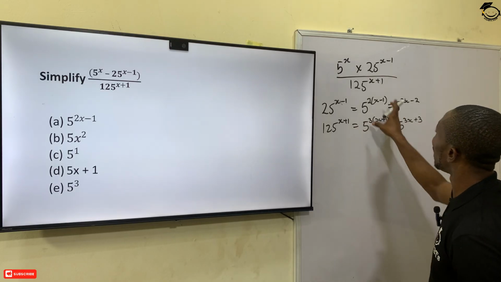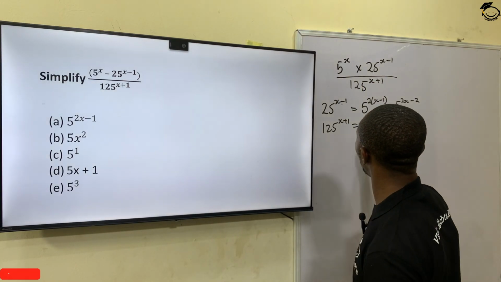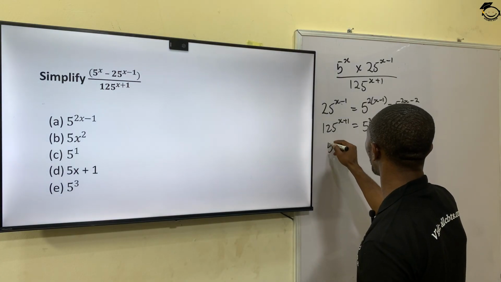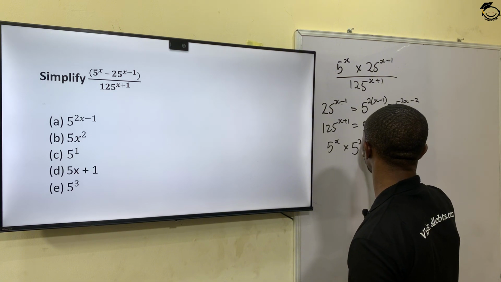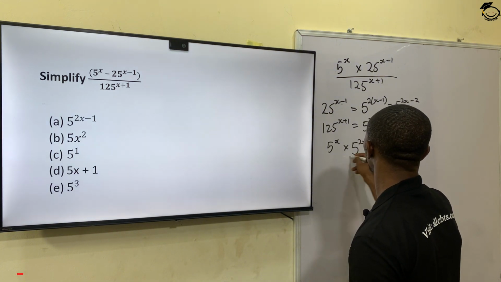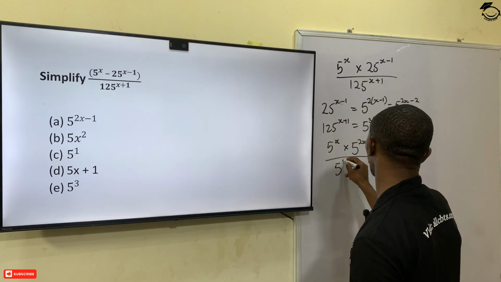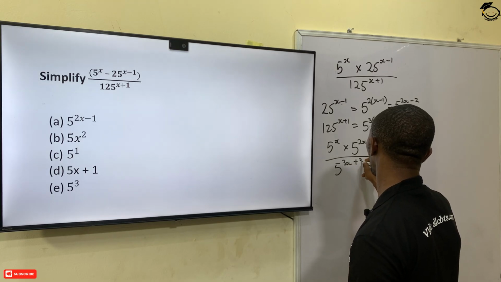Now, replacing these values here, we have 5 raised to the power x times 5 raised to the power 2x minus 2 divided by 5 raised to the power 3x plus 3.